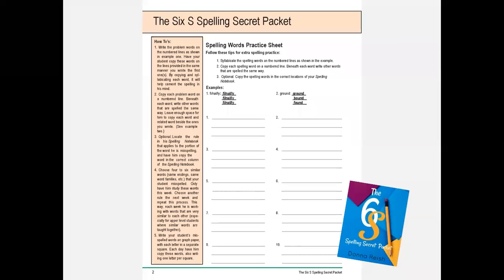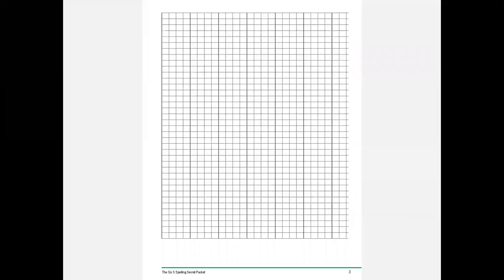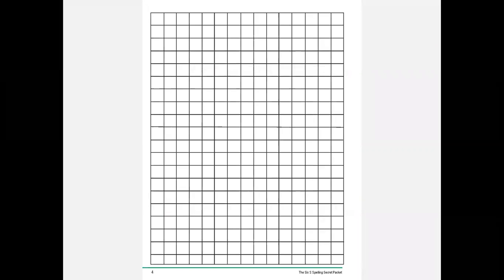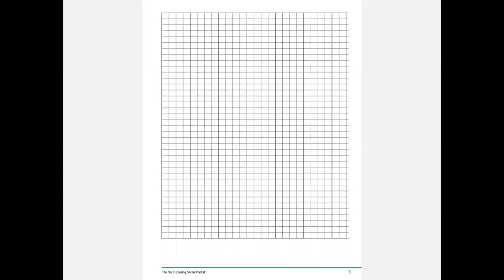So that is one practice sheet that you can use. The next 2 sheets are simply grid paper. The first one is a very small grid sheet. I recommend that if you have a student who runs the letters together and doesn't really see how the words are, letter by letter, that using grid sheets is very helpful.